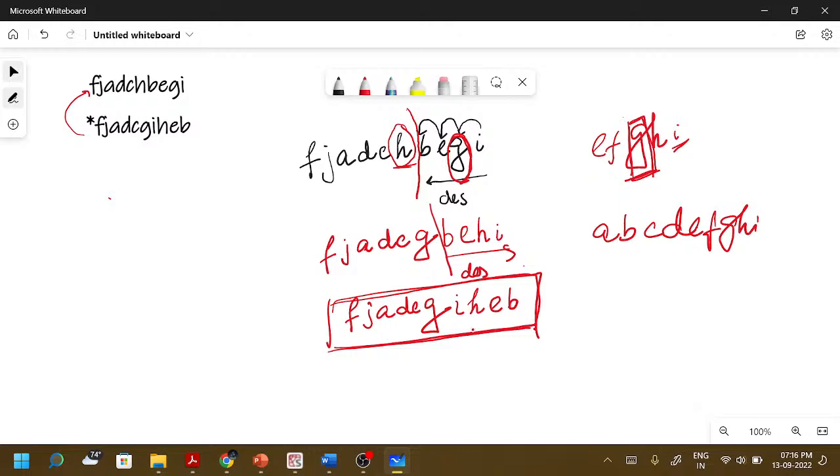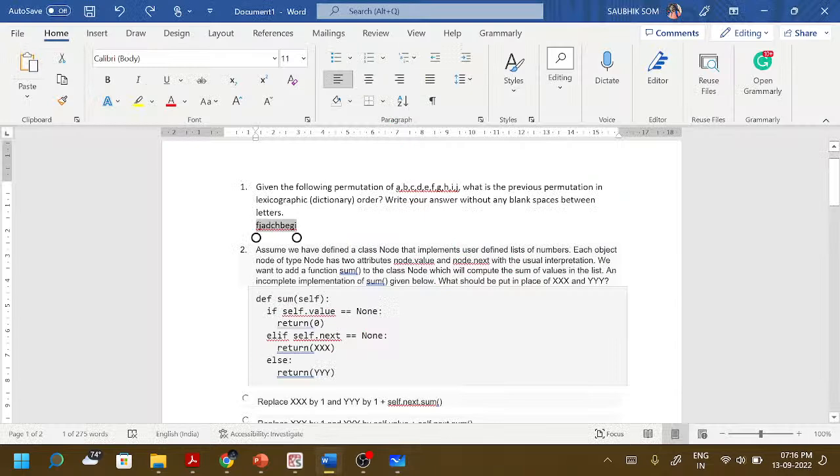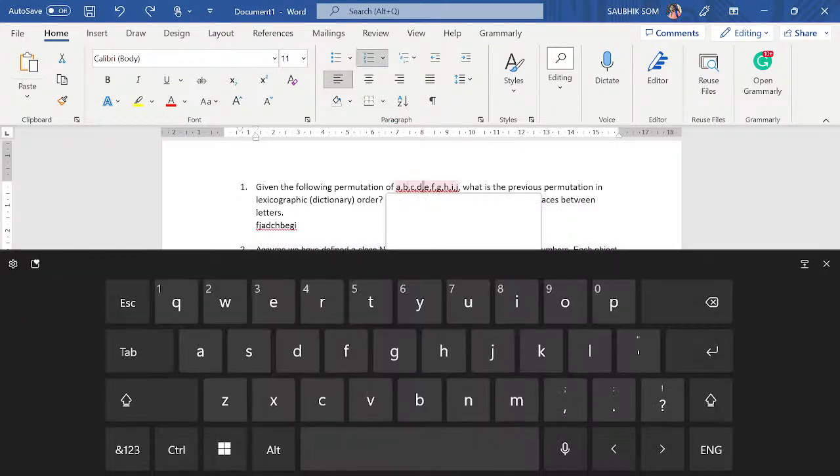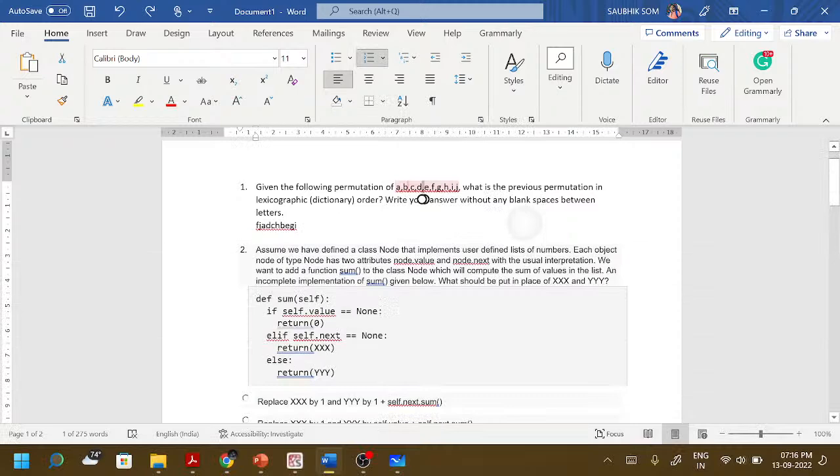Sir, I would like to know what exactly the question is. I'm a bit confused. Yeah, this is the question. Given the following permutation from A to I, what is the previous permutation in lexicographic dictionary order? Write your answer without any blank space.